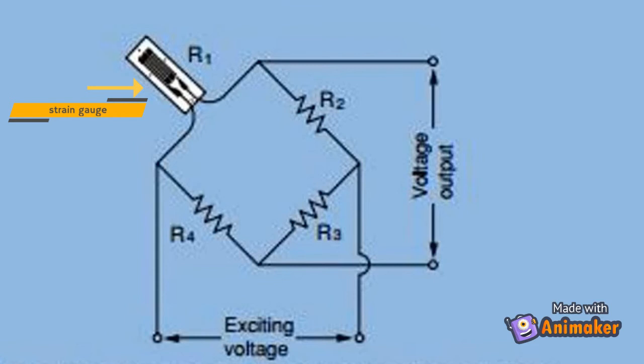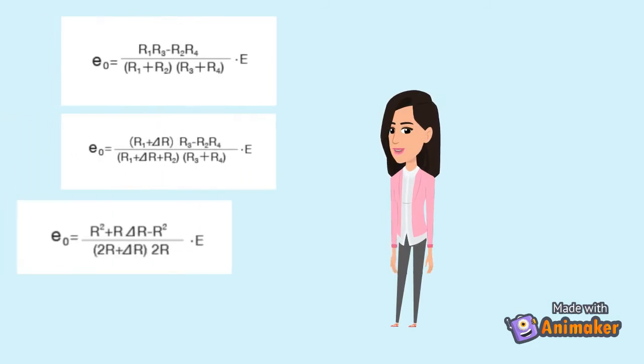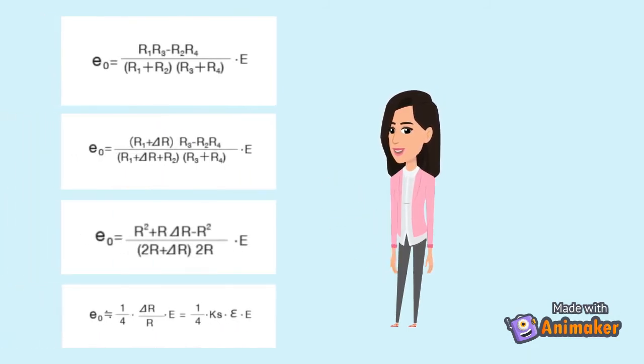The Wheatstone Bridge is the electrical equivalent of two parallel voltage divider circuits. R1 and R4 compose one voltage divider circuit, while R2 and R3 form the second voltage divider circuit. The output of a Wheatstone Bridge, E0, is measured between the middle nodes of the two voltage dividers. From this equation, you can see that the output voltage E0 is 0 when R1 over R2 equals R4 over R3.